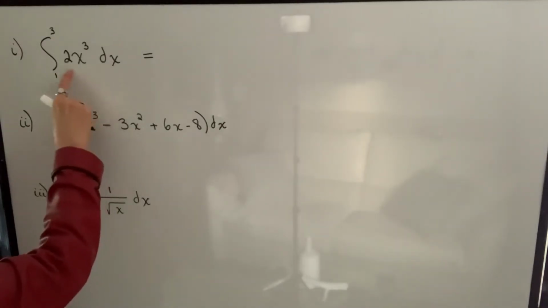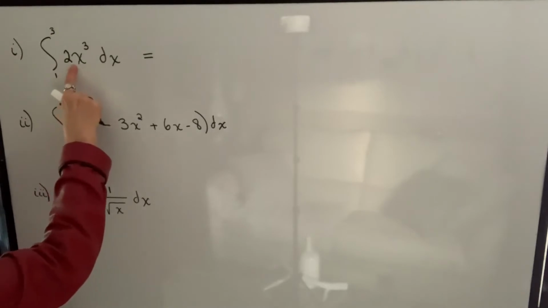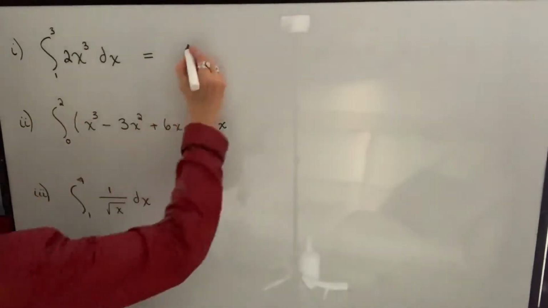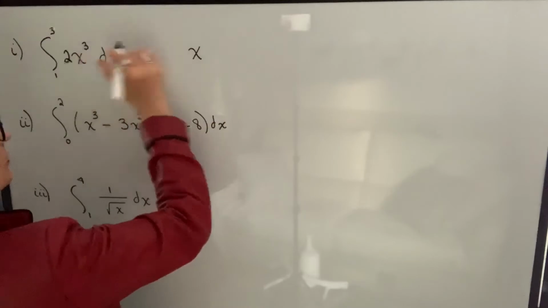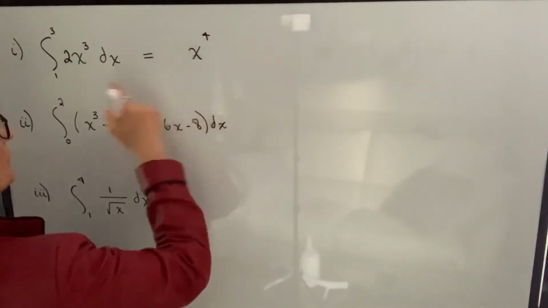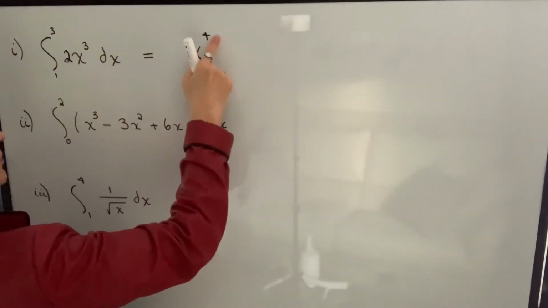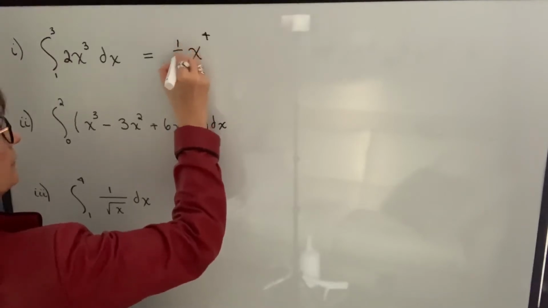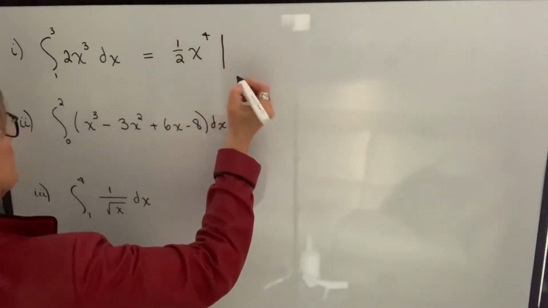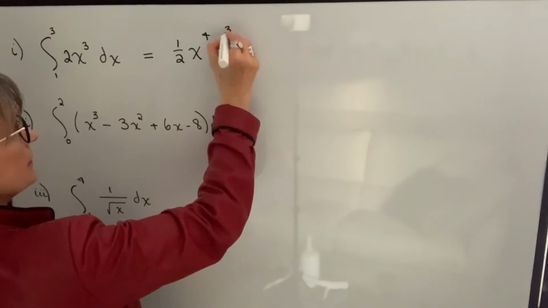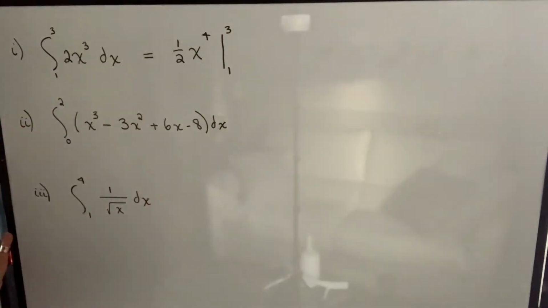In our first example, we're finding the integral of 2x cubed. So we add 1 to our exponent, so it'll be x to the 4th. We take 2, we divide by our new exponent, so 2/4 will be 1/2. And then I indicate that I am going to be evaluating it at these two numbers with that line.